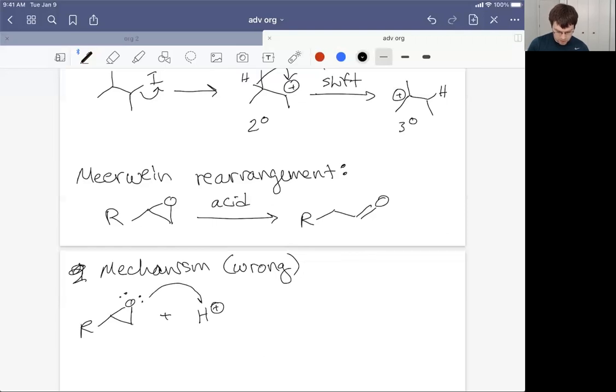So with H+ being added, what we could do is get to a protonated epoxide. Now, I'm talking about this right now in organic chemistry too, but protonated epoxides do not ring open, rather they distort to accept nucleophilic addition to the more substituted position.